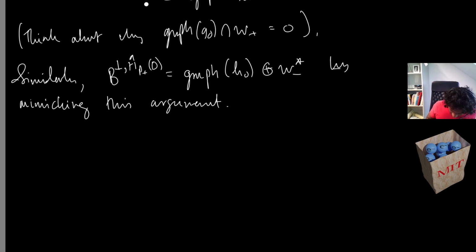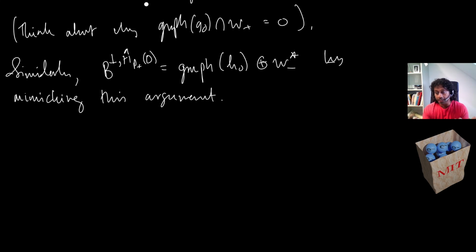Alright, so now we have to get to the map G somehow, right? So we promised a map G, which is an L2 bounded map.